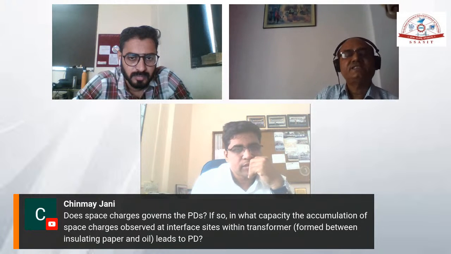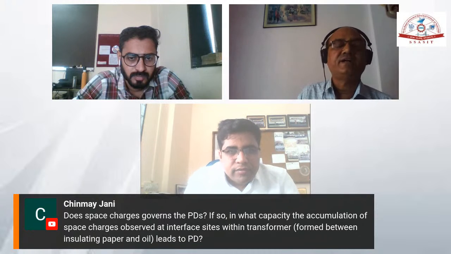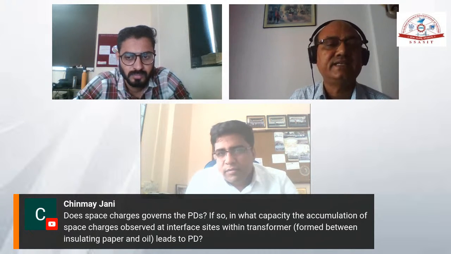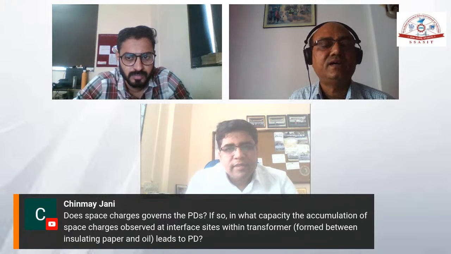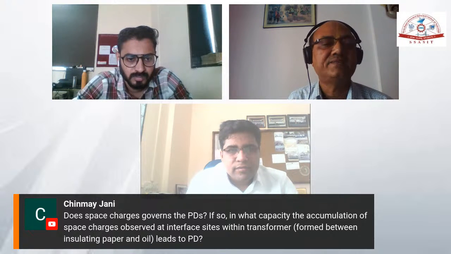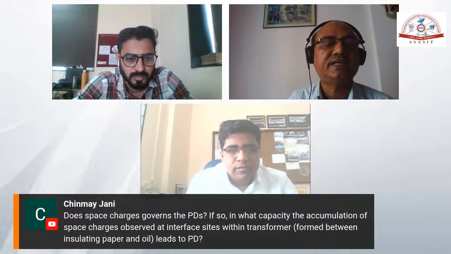Space charge will not directly do so. I showed you the AC-DC part of it. Space charges are not going to create a voltage level of some kilovolt, whereas the inception voltage normally comes out in the order of kilovolt. So even if you have a certain amount of space charge on that interface, it is hardly going to raise the voltage to any extent.